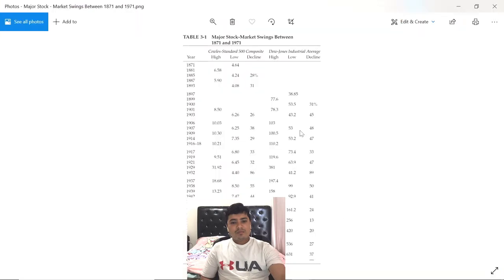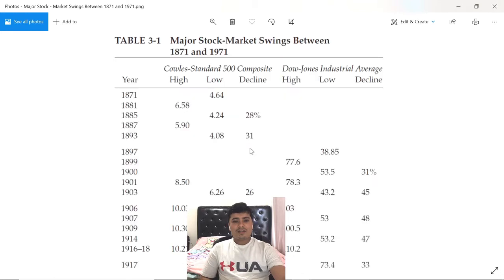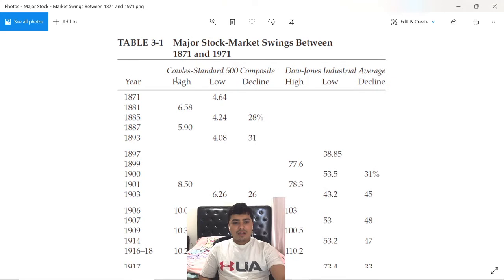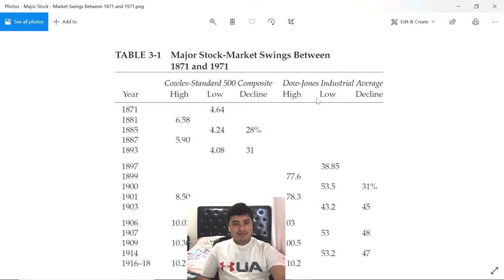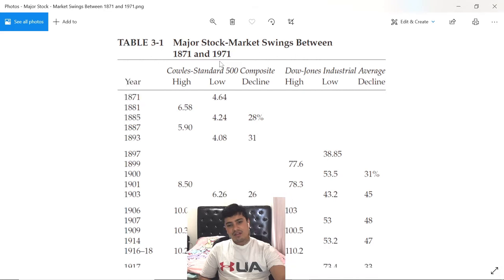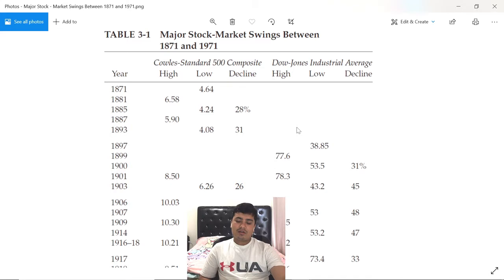We can see the market swings of the S&P composite, which we now call the Standard and Poor's 500 composite, and the DJI, the Dow Jones Industrial Average. If you don't know about them, the Dow Jones Industrial Average is, I believe, the top 30 big companies in America, and the S&P 500 is the top 500 companies in America, Standard and Poor's.